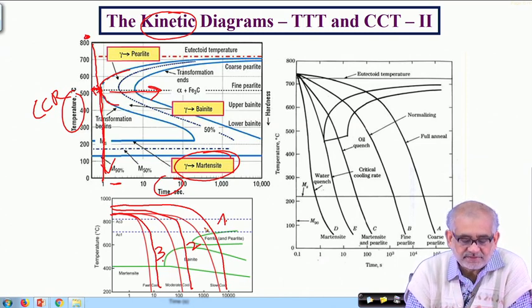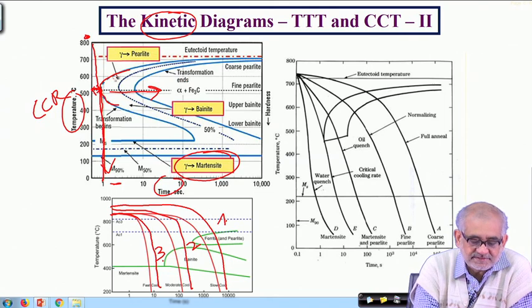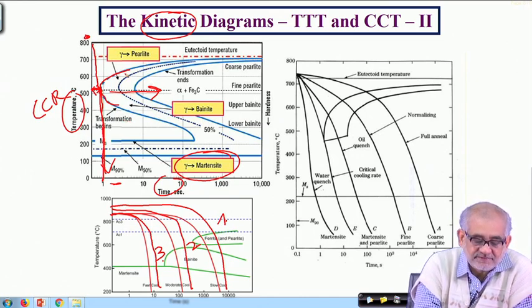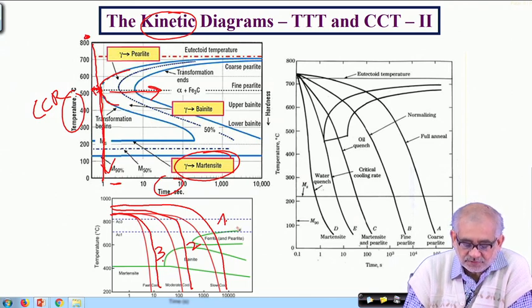But there's one important part which I haven't talked about, and that is how do we change the shape and the contour of such a kinetic diagram from this fairly simple start and finish to somewhat a different kind of shape which is very convenient to me.